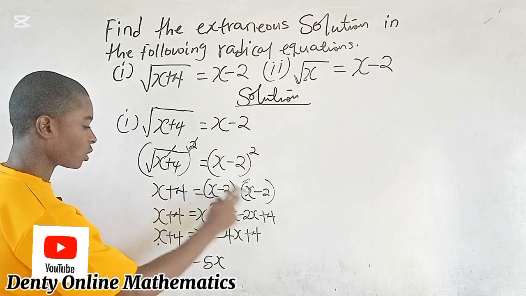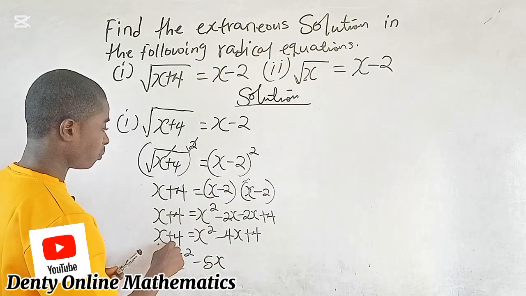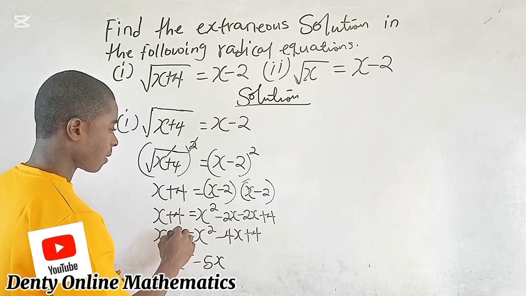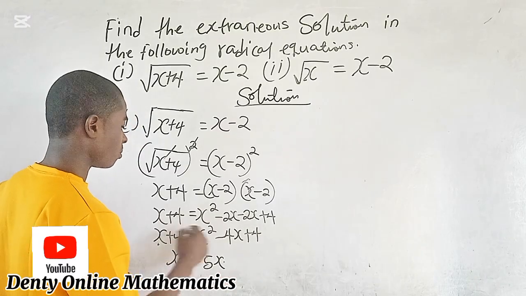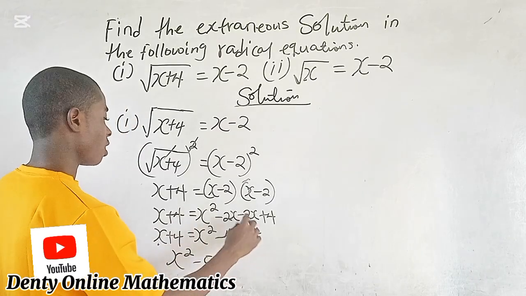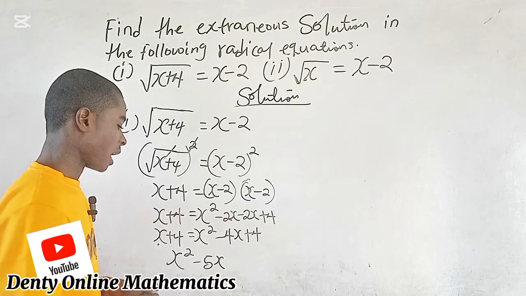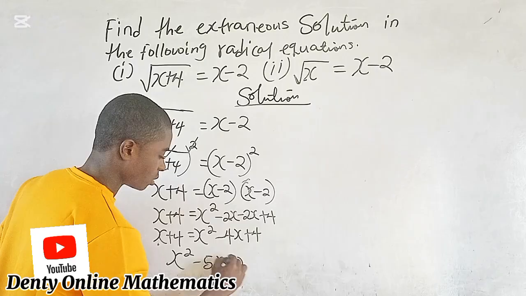And then 4 will cross over also. We have positive 4 here, so when this positive 4 crosses over, you're going to have a negative 4. So minus 4 plus 4 is 0, and that will be out. Now all of this will be equal to 0.